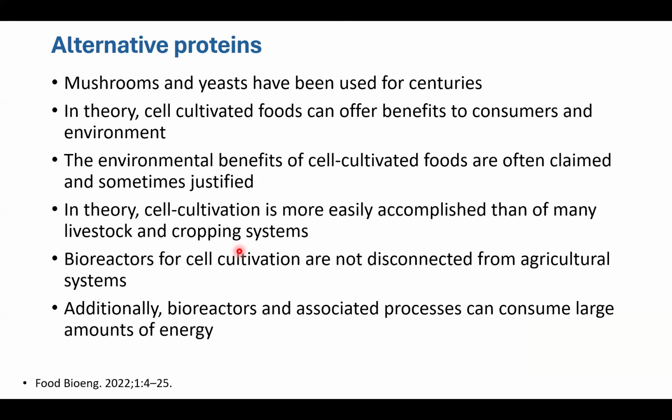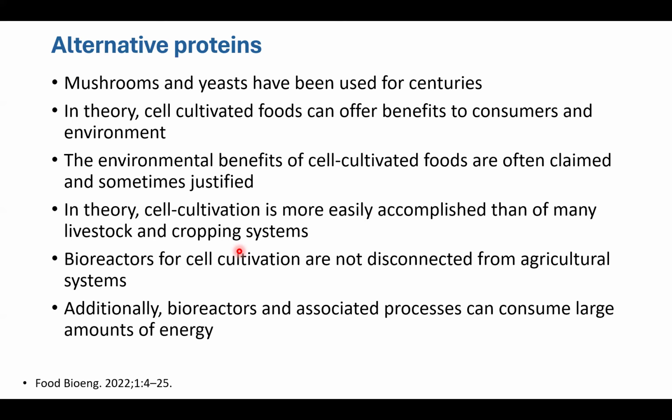People know that mushrooms and yeast have been used for centuries, either for direct consumption or processed into other products that can be used as food. In theory, cell cultivation can offer some benefit for consumers and the environment.